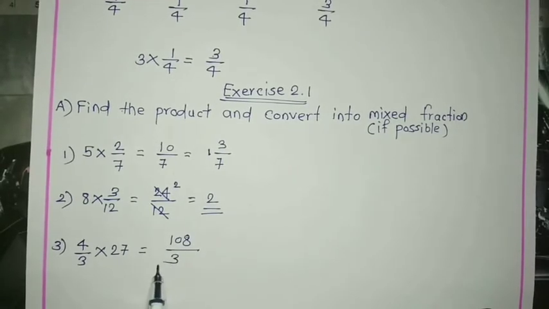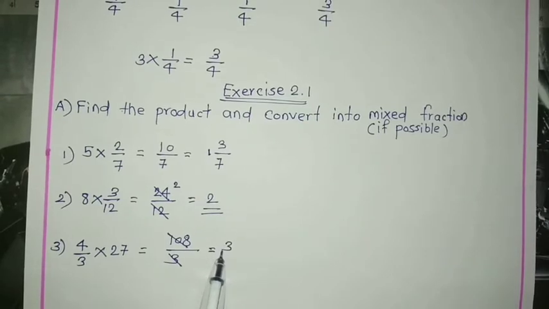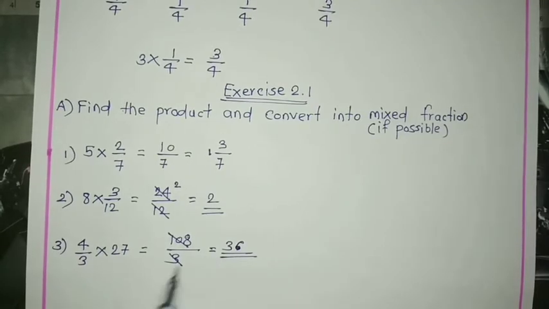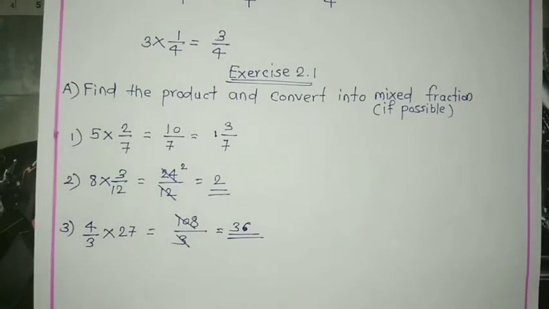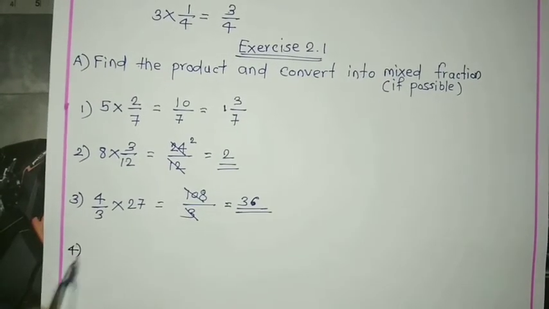You have to convert into a mixed fraction if possible, but first I divide 108 by 3. 3 threes are 9, then 1 remains, then 3 sixes are 18. So I get 36. So my answer is 36. Here a mixed fraction is not possible. So we get 36. Then next is the fourth question.